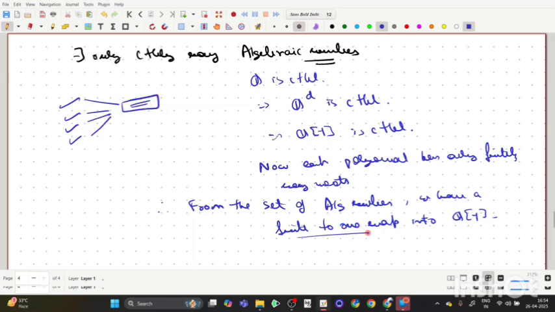So we have a finite to one map from algebraic numbers into Q[t], and Q[t] is countable. So what does that mean? That means that the set of algebraic numbers is countable, right? So it isn't as large as it seems to be. The collection of algebraic numbers is not as large as it seems to be. Okay. So I guess this part is fine, right?